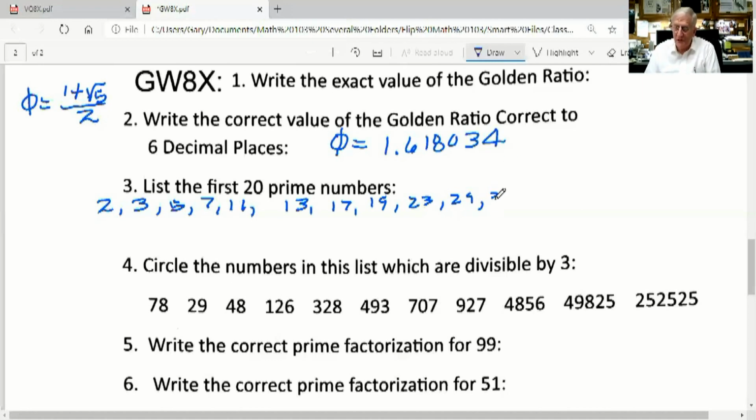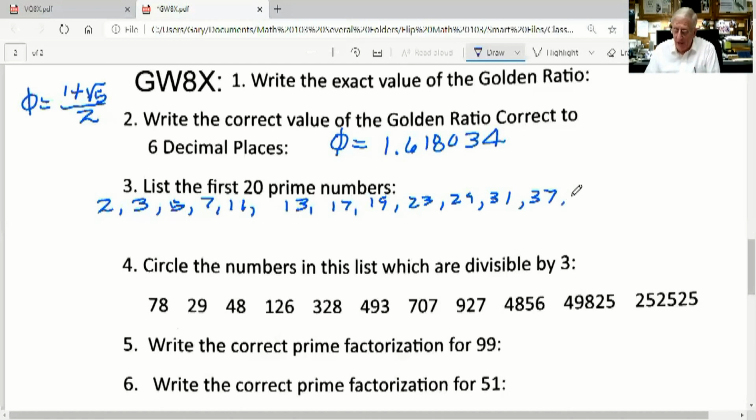Well, next is 31. 33 is no good. 35 is no good because it's divisible by 5. So the next one will be 37. A lot of people sometimes think that 39 is a prime number, but it's not because it is divisible by 3.